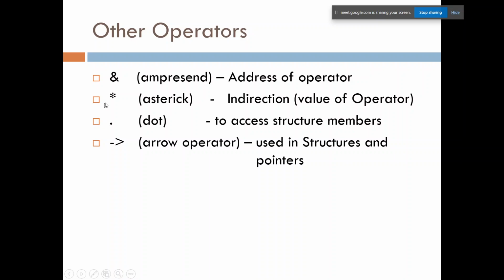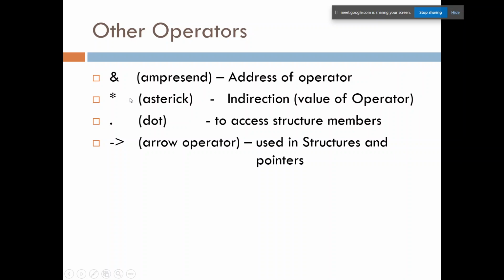Same way star. Asterisk is for multiplication, I told you, right? In future, when we go to pointers in C language, there star is termed as the value of operator, which is also the indirection operator. It is used for some special situations.